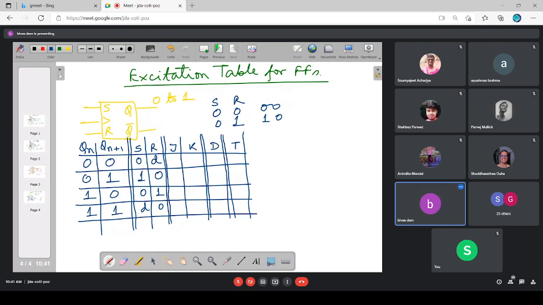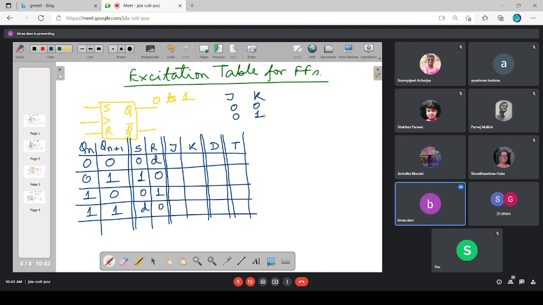Now let us go for the JK. For 0 to 0, that means continuing in the previous state or resetting the memory.